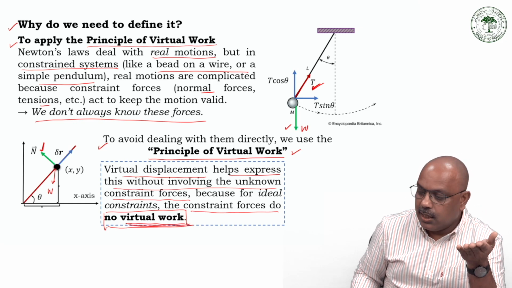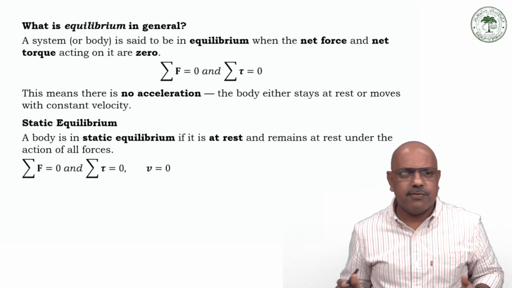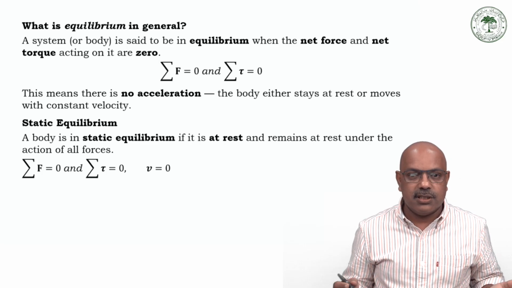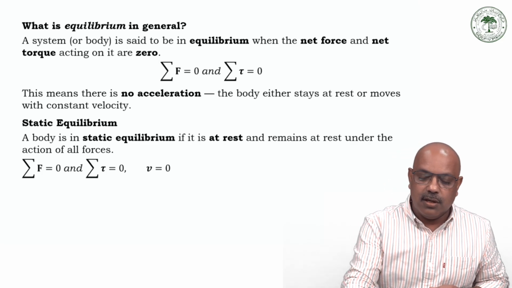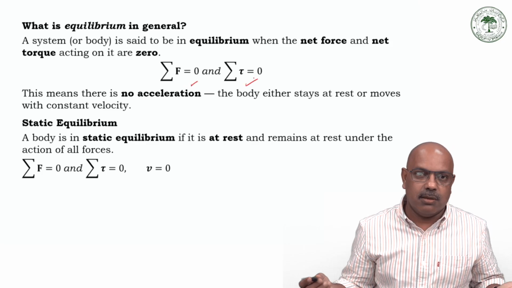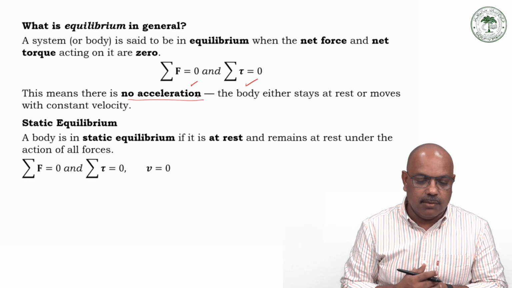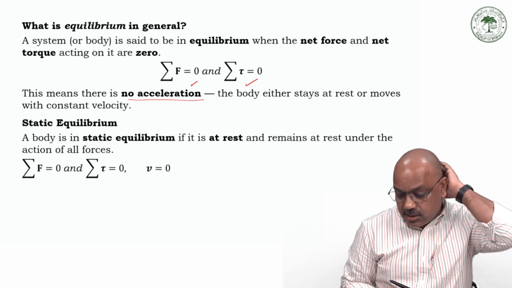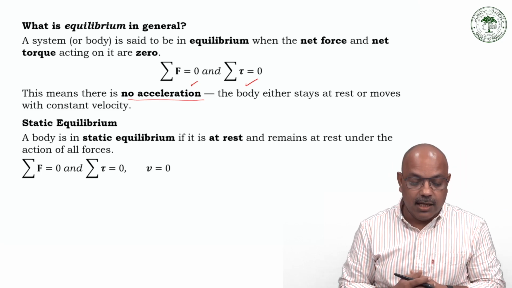To define the principle of virtual work, before that we need to know two equilibria: what is static equilibrium and what is dynamic equilibrium. First, dynamic equilibrium is when the overall net force or effective force on a system is 0, then the system is in equilibrium, and that corresponds to no acceleration of the system. In general, that is how we talk about equilibrium in a mechanical system. So we have static equilibrium as well as dynamic equilibrium.